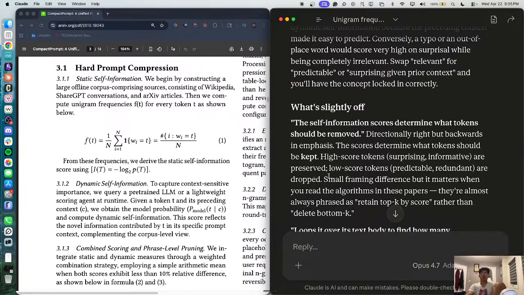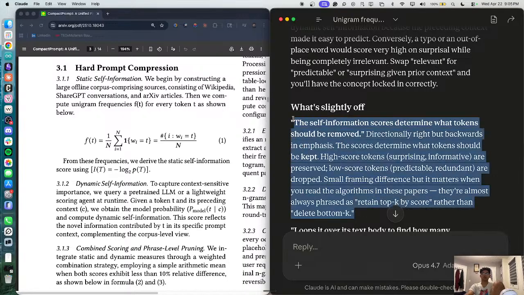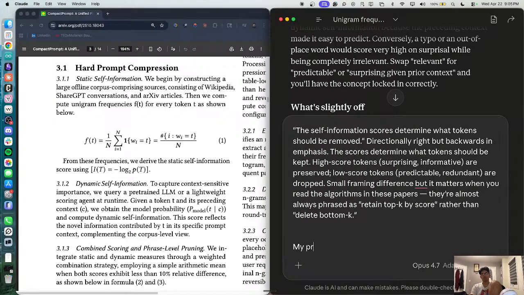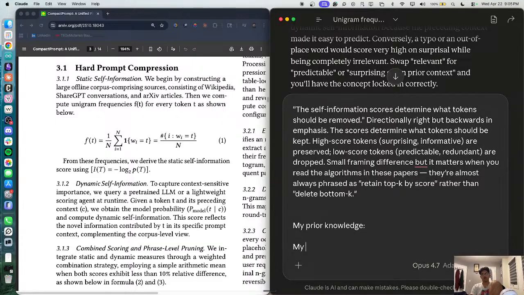Okay, so this is important because this is a fundamental understanding of hard prompt compression. Before I read what Claude has to say, basically the way that I thought about it is, and I think I should actually add this here. So I'll say: my prior knowledge, my improved knowledge based off of your work.